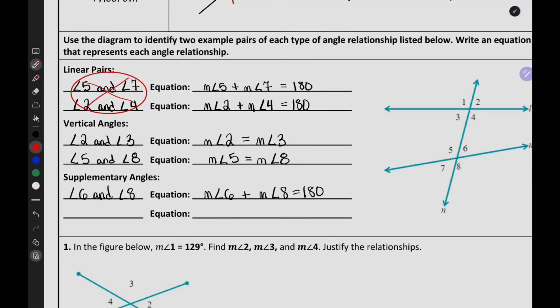Step outside of the box. Angles 1 and 3 form a line, so the measurement of angle 1 plus the measurement of angle 3 equals 180 degrees.